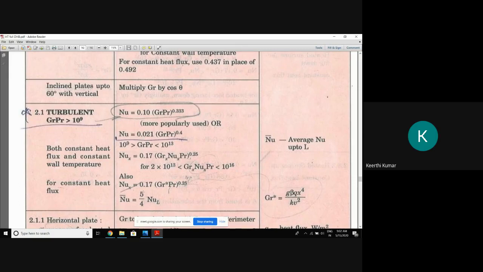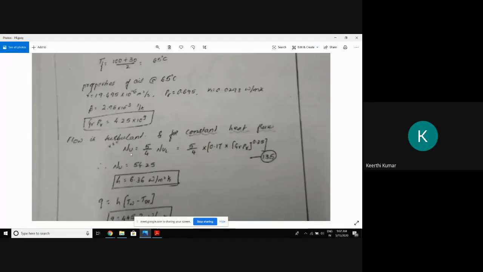So concentrate on these two formulas. I combined both into one equation, and the Nusselt number I got is 54.25.